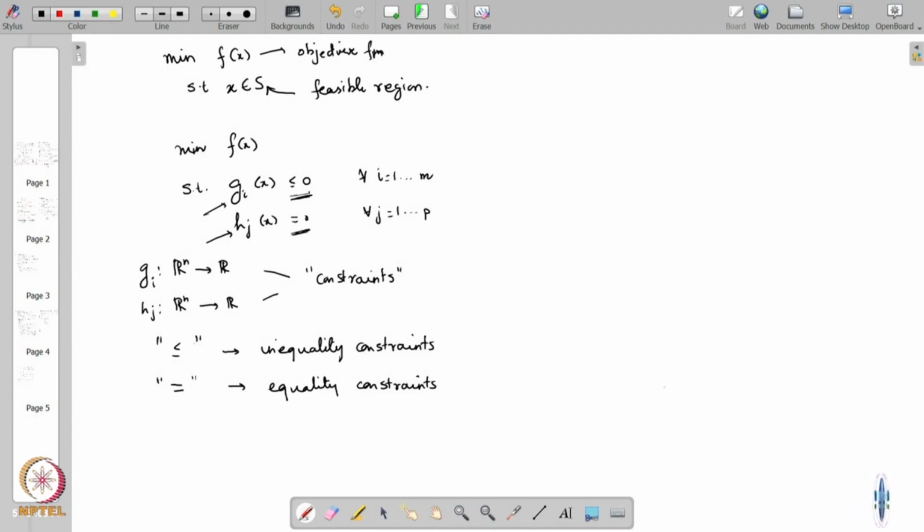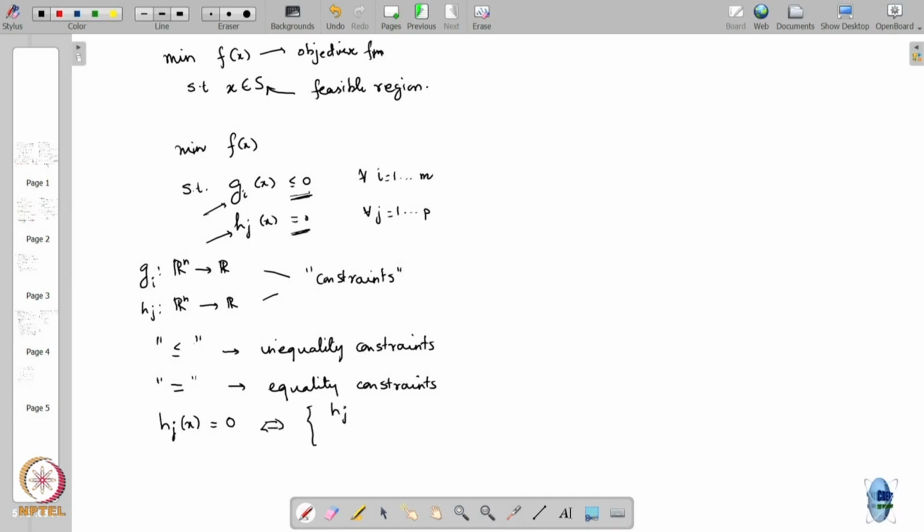Right, that's the correct suggestion. The requirement that h_j of x is equal to 0 is actually equivalent to two different requirements.